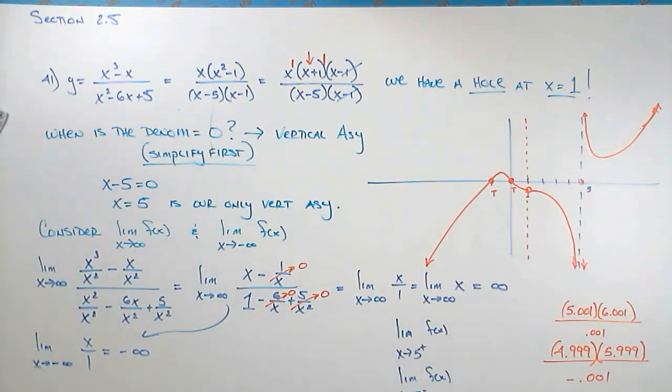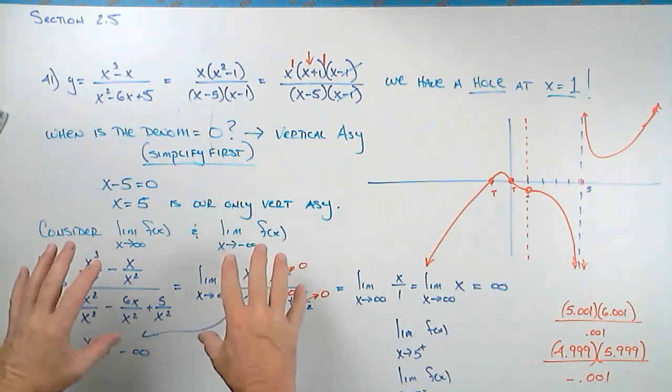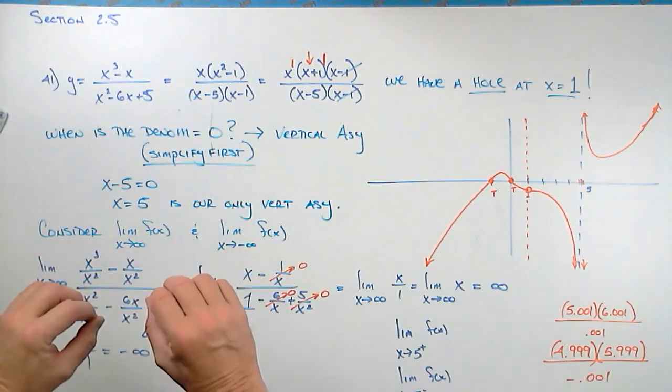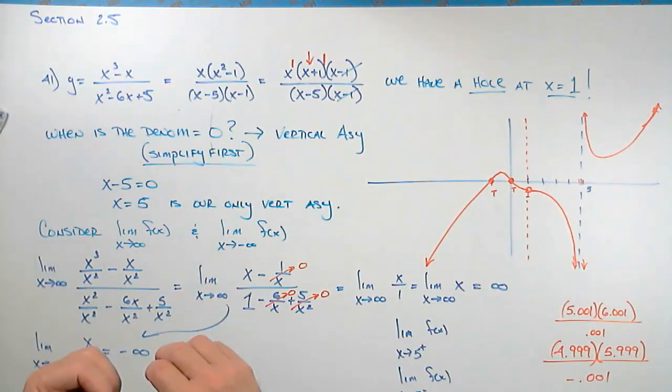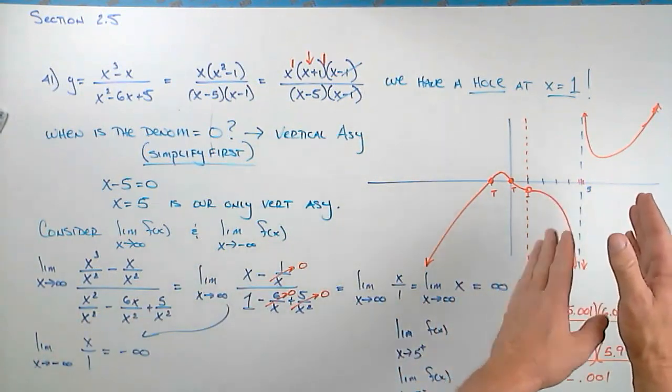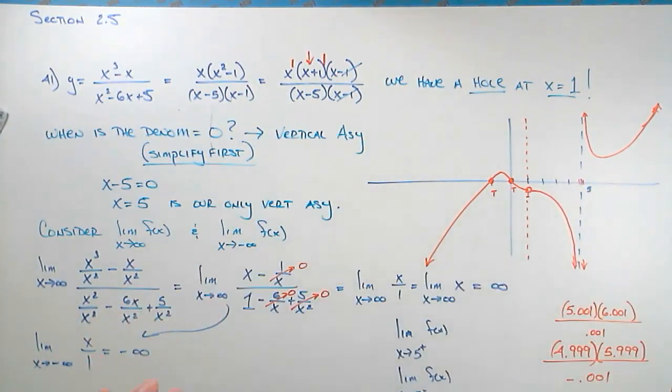All we've done in a calculus class is told you that the horizontal asymptotes, which you searched for in pre-calc, are actually limits. And we've told you the vertical asymptotes, which you searched for in pre-calc, are also limits. That's the big idea in section 2.5. All right, I hope this helped.